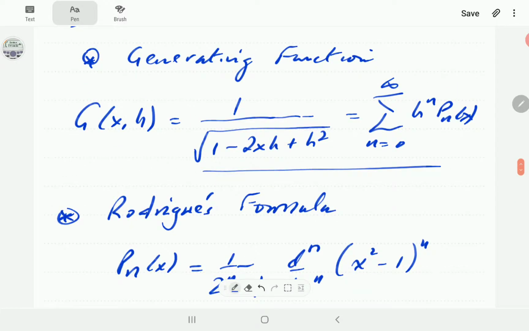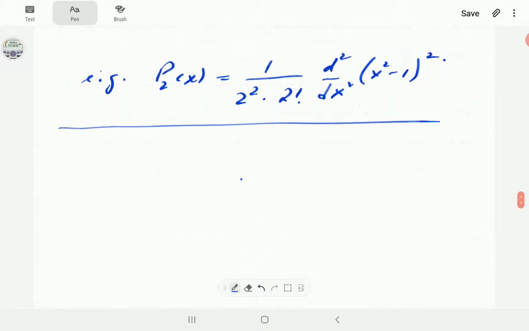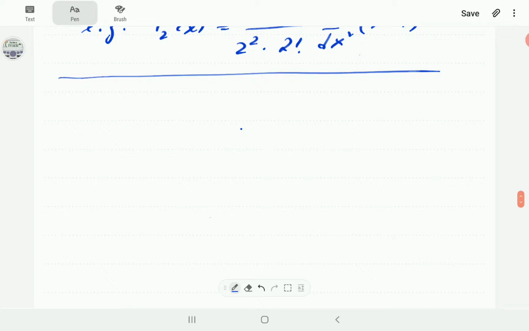All right, for now though, we're going to go back to the generating function here, and we are going to show you how we derive the first, say, 3 Legendre polynomials.